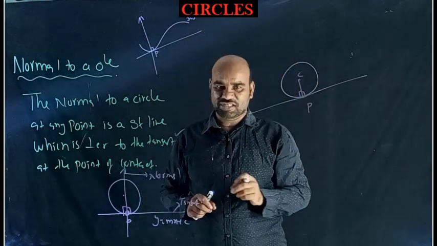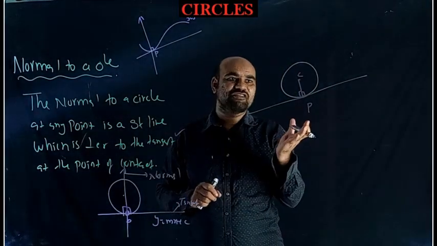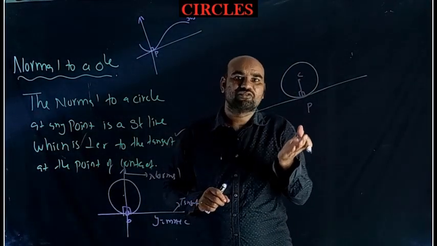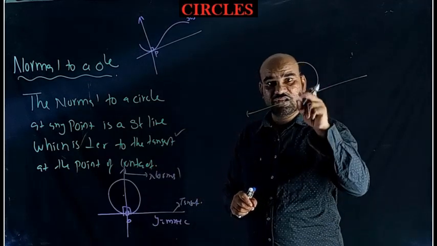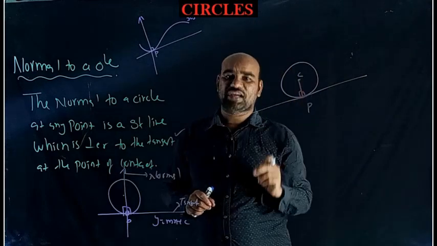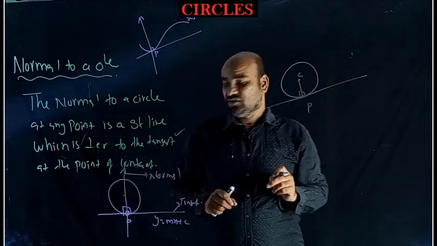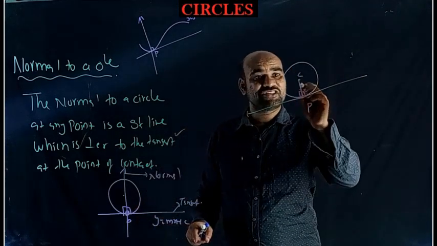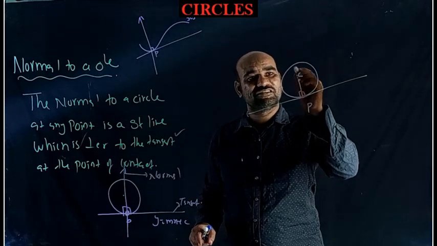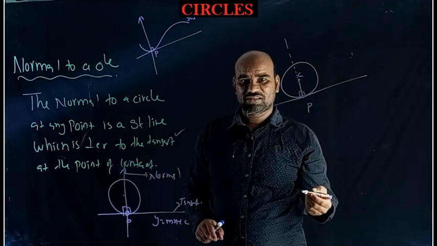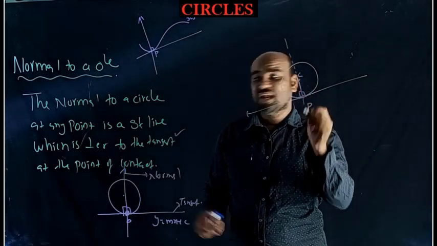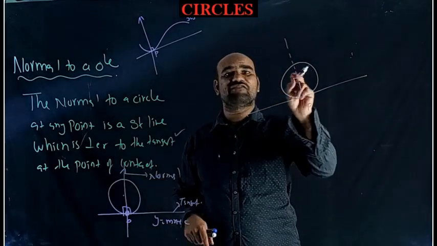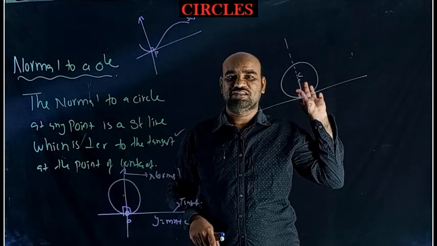Basic concept of circle: tangent is always perpendicular to the radius drawn through the point of contact. So what is the definition here? If you extend this, automatically this becomes normal. Perpendicular only, no? That's why the normal of a circle always passes through the center of the circle.